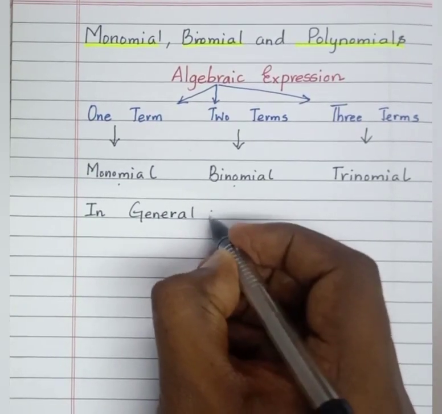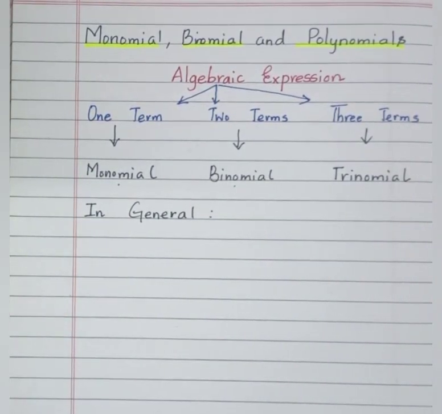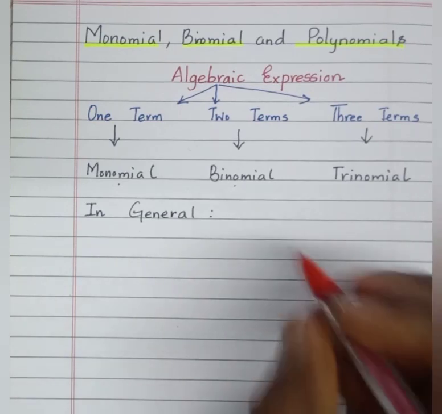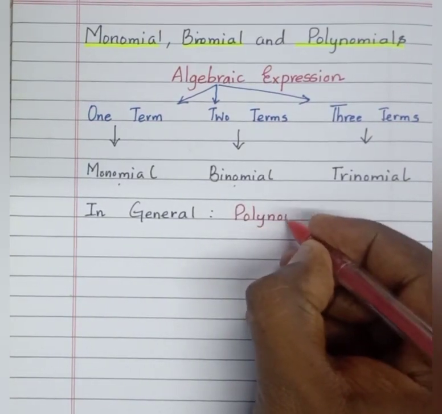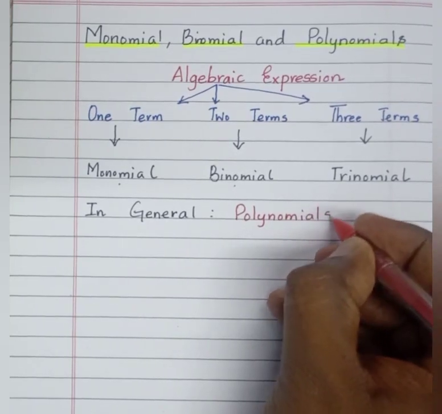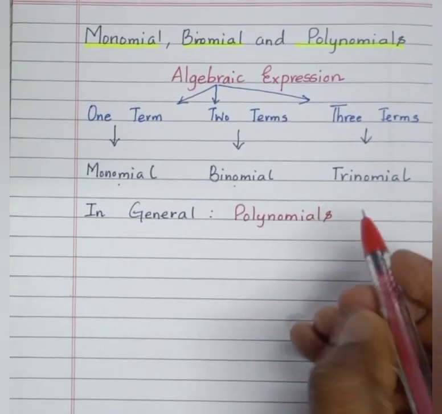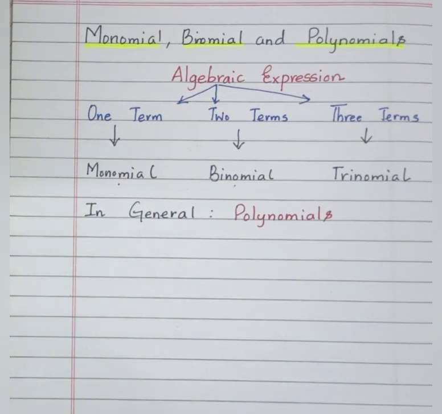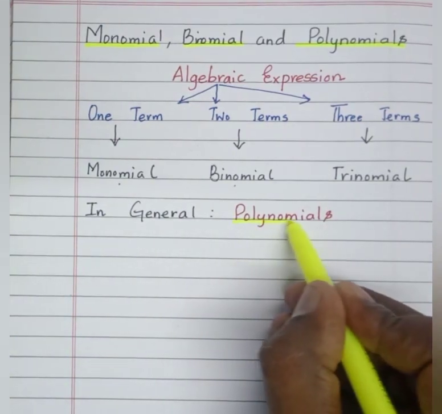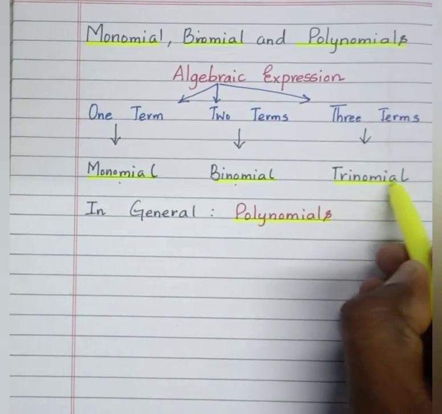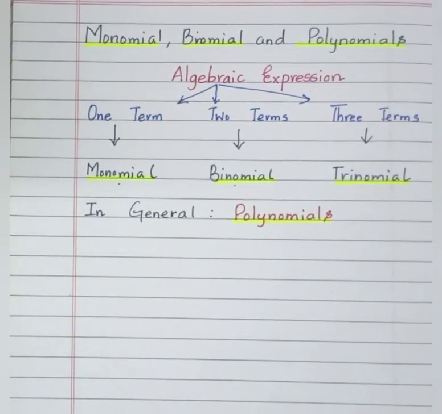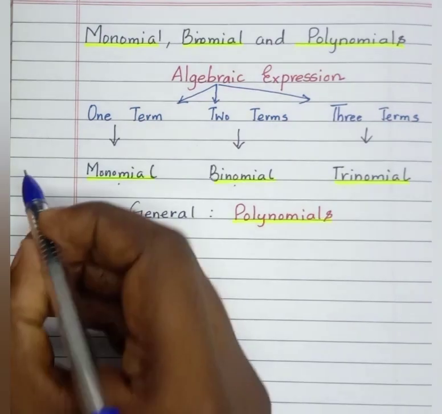In general, we define that as polynomials. An expression containing one or more terms is called a polynomial. That is, it can be a monomial, binomial or trinomial and so on.